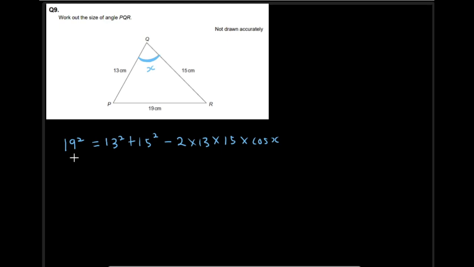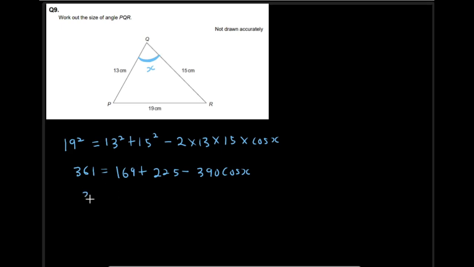Alright, so that will give us 19 squared, which is 361, equals 13 squared, which is 169, plus 15 squared, which is 225, minus 2 times 13 times 15, which is minus 390 cos x.